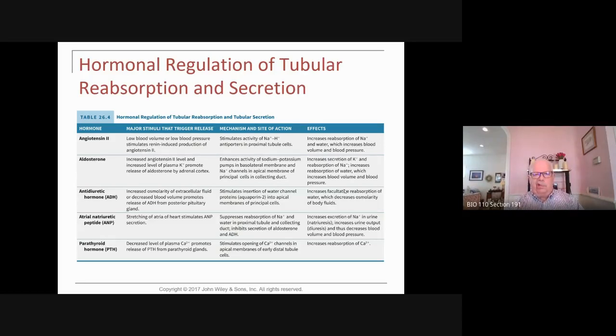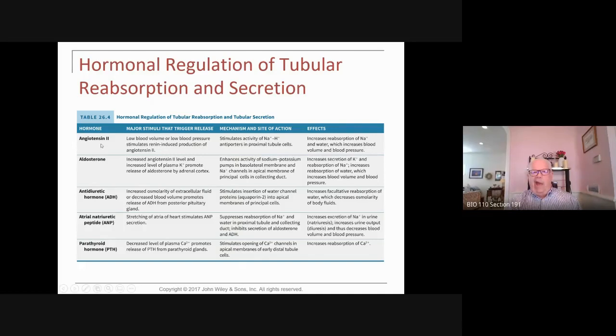And this chart is extremely important. We've talked about 3 of these hormones already. We've talked about angiotensin II, we've talked about aldosterone, and we've talked about ANP. For review, angiotensin II is part of the RAS system.